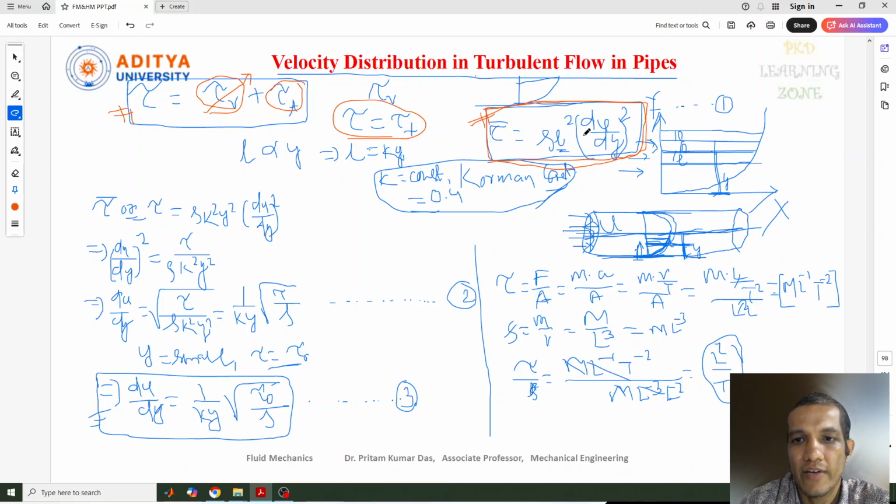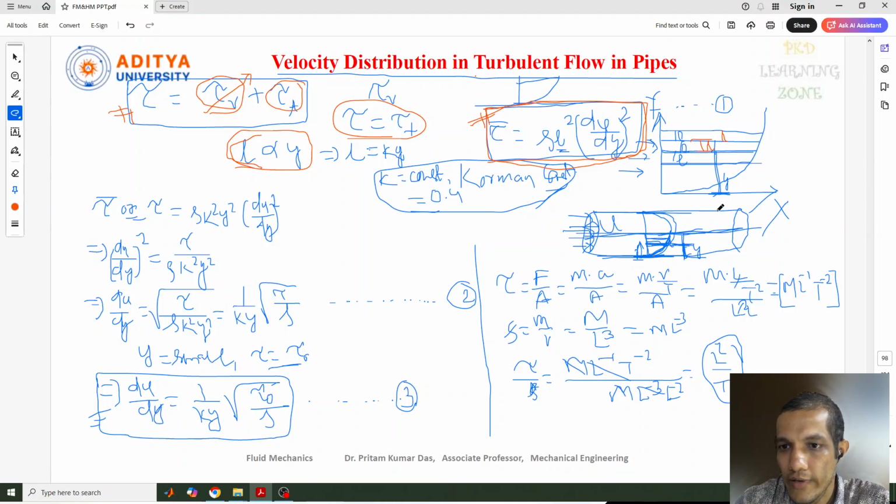Now the next term is L is directly proportional to y. L is nothing but the Prandtl's mixing length theory concept, the distance between each layer.